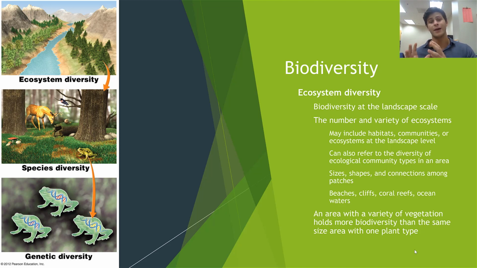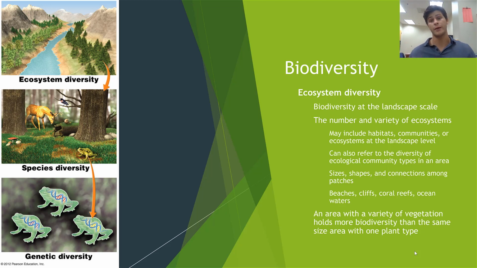Now, keep in mind that the diversity in ecological community types is more or less a direct function of the number of habitats and the number of ecosystems in a landscape. So all of these are tied together within the scope of ecosystem diversity. Ecosystem diversity also takes into account the size, the shape, and the number of connections between different ecosystems at the landscape scale.